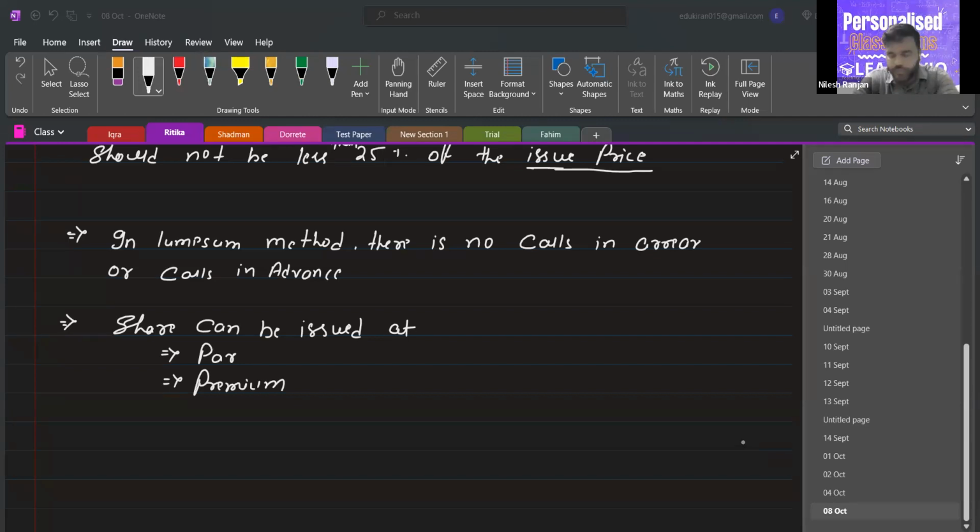Okay. Now, why do we not issue our share at discount? We have talked about this. Is it not profitable for the firm? No, actually, profit is not a concern here, because we can issue our share at discount, but the losses in the beginning can be written off in future.